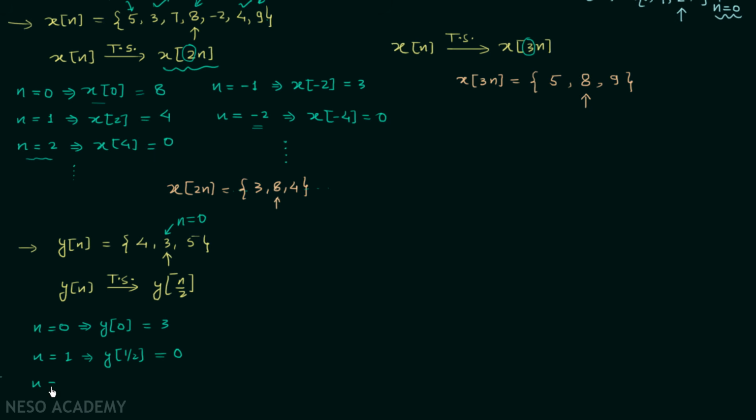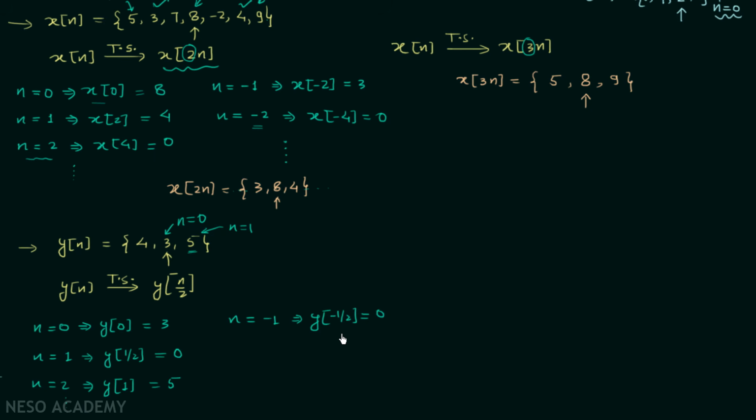Now let's put n equal to 2. This will give us y2 by 2, or simply we can write y1. y1 means yn when n is equal to 1. We will have 5. Now go on performing the calculation and you will get 0. Let's put n equal to -1. This will give y minus 1 by 2.